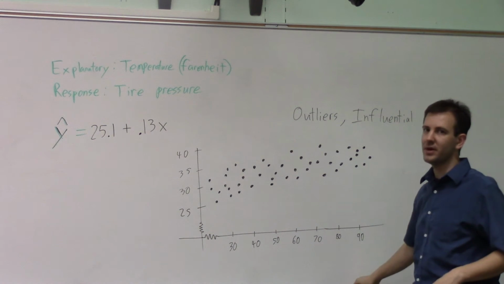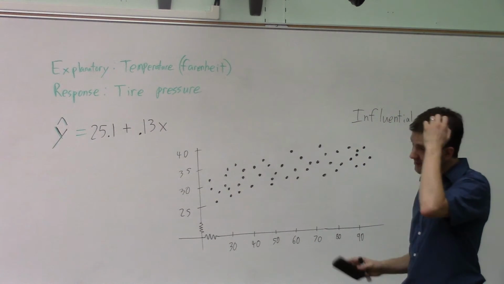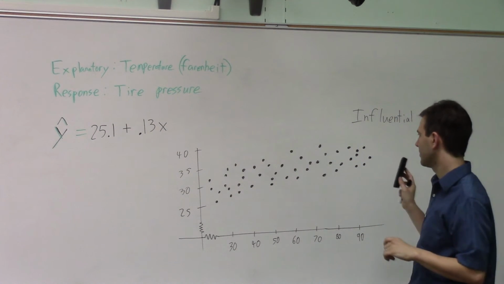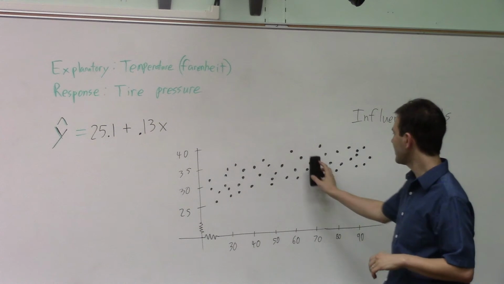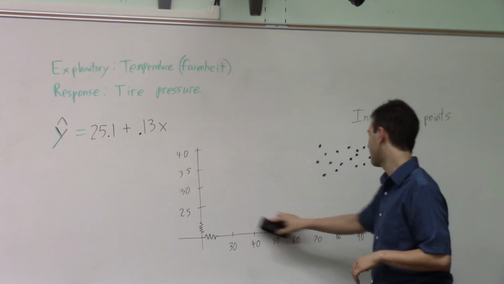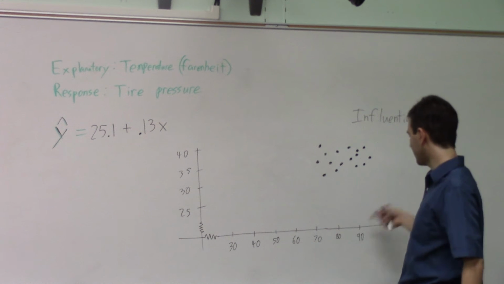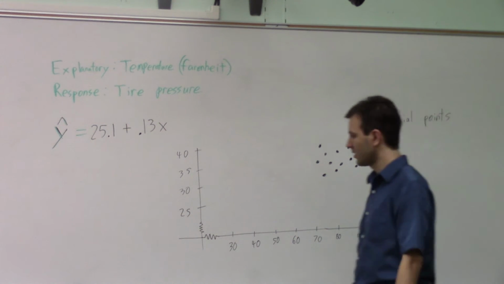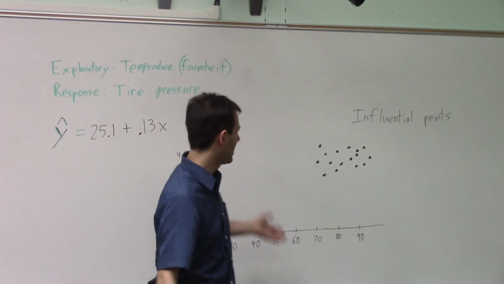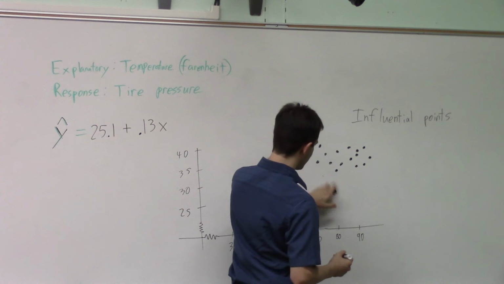An influential point is a sort of outlier that influences the line a lot. Imagine that none of these points are here. I've only bothered measuring cars when it's between 70 and 95 degrees out. So, jolly good, I have a bunch of points, and let's erase this.